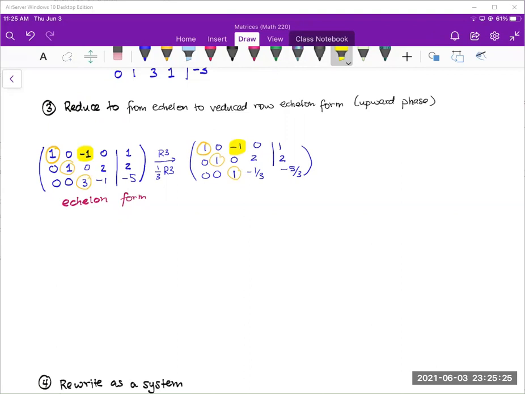Okay, so in order to make that term equal to 0, well, what we could do is just add row 1 and row 3. So I'm going to replace row 1 with the sum, row 1 plus row 3. You might also think of this as row 1 minus negative row 3. Okay.